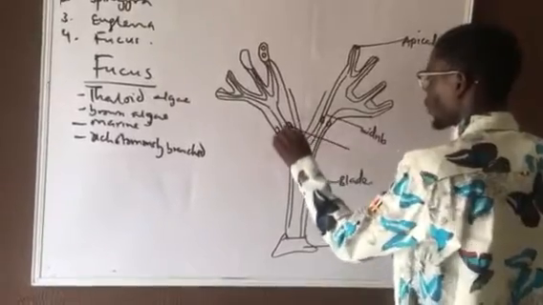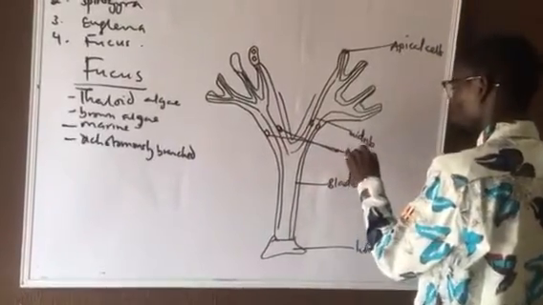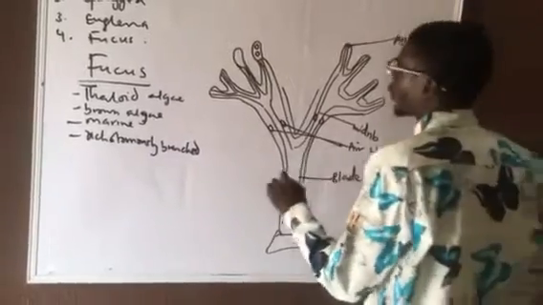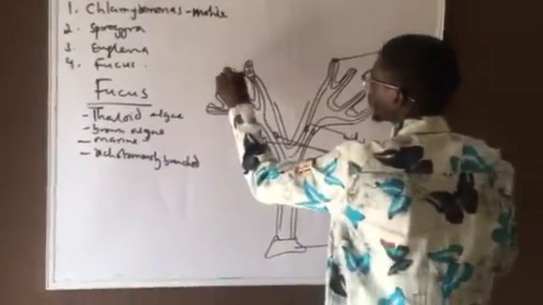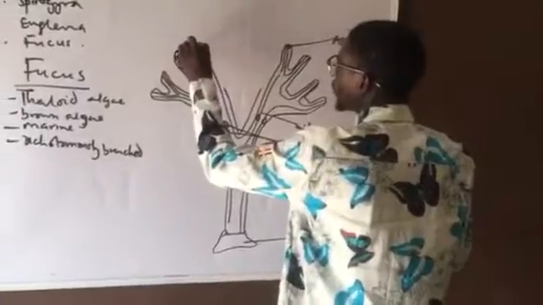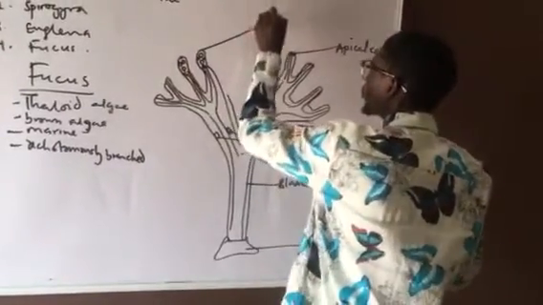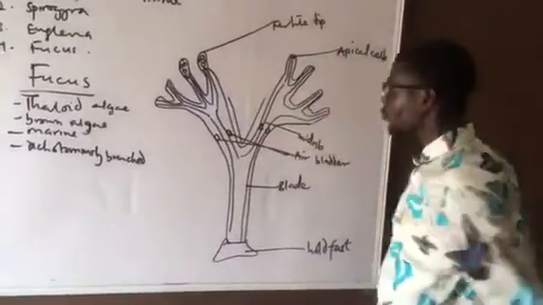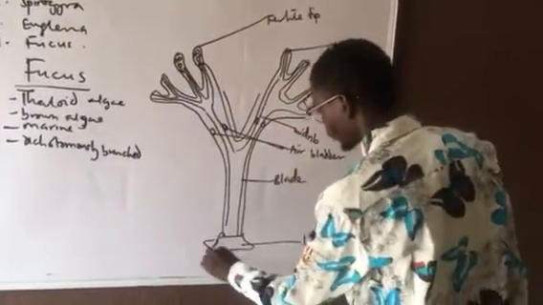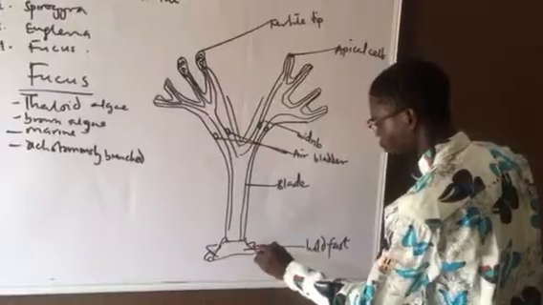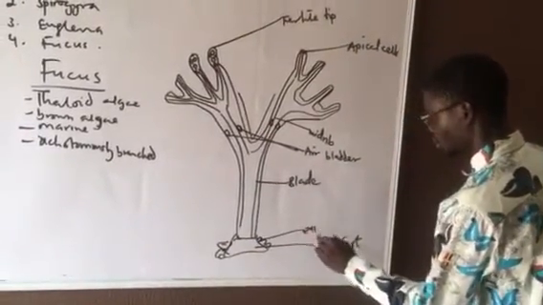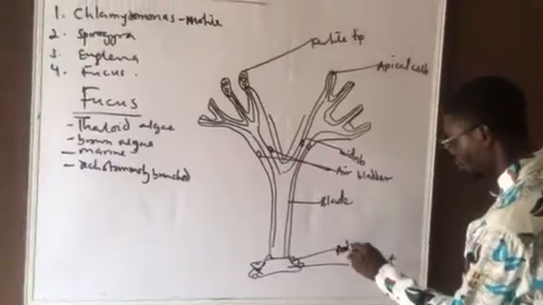We have the air bladder, we have the fertile tip, we have the attachment, adventitious branches.